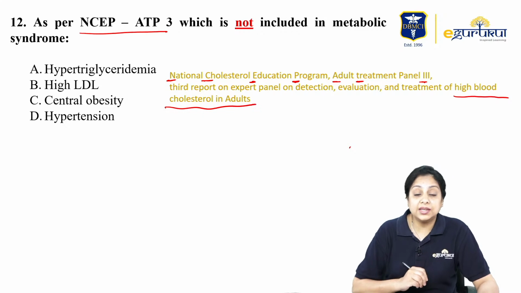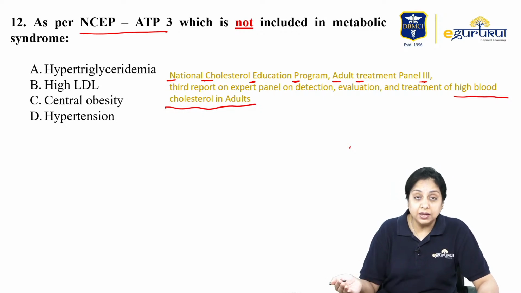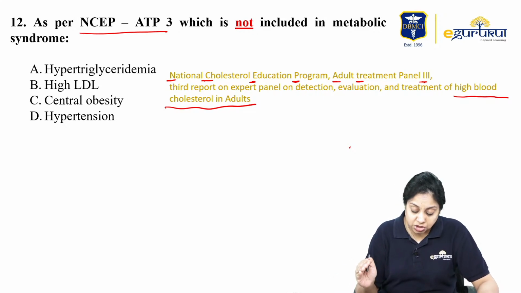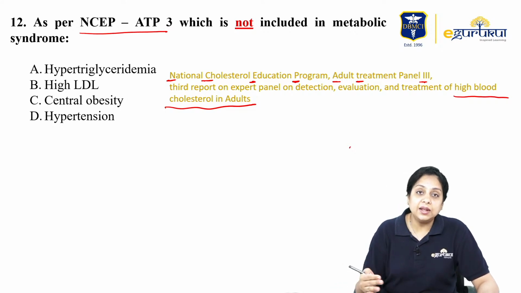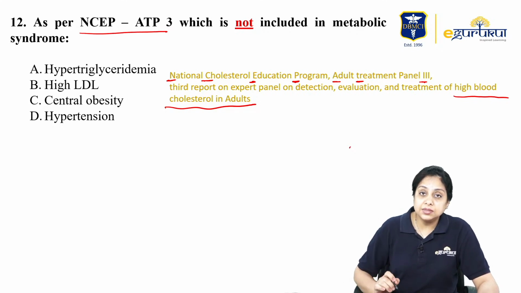This is about the testing of high blood cholesterol in adults, that there is this panel, we call it NCEP ATP3, right? NCEP is National Cholesterol Education Program Adult Treatment Panel 3, we call it. And this panel has made a particular criteria to diagnose this metabolic syndrome.